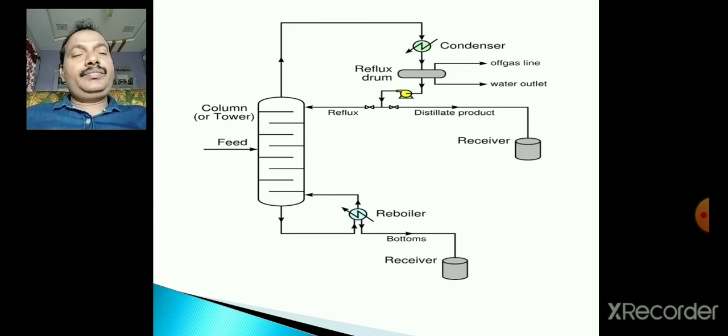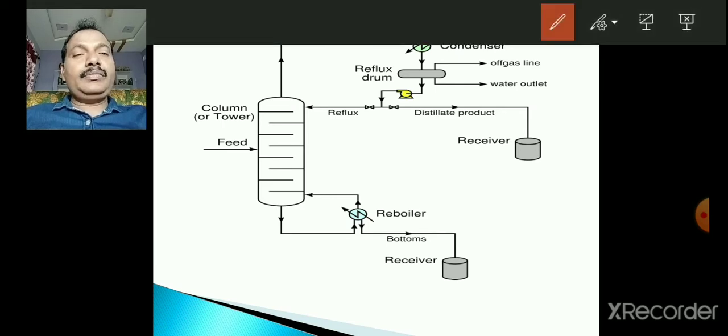Observe here. This is the overall construction and structure of the distillation column. You see the oil is fed into the distillation column. This is the crude oil that is fed into the distillation column.